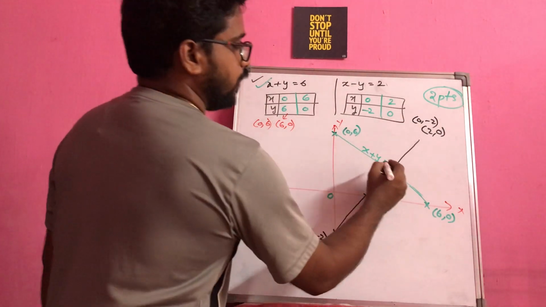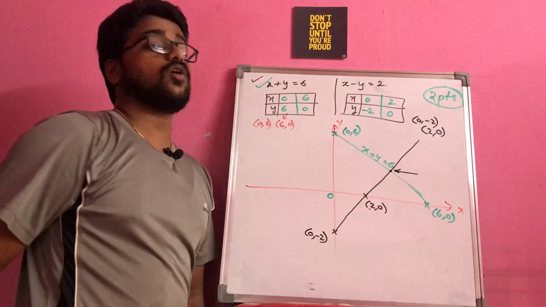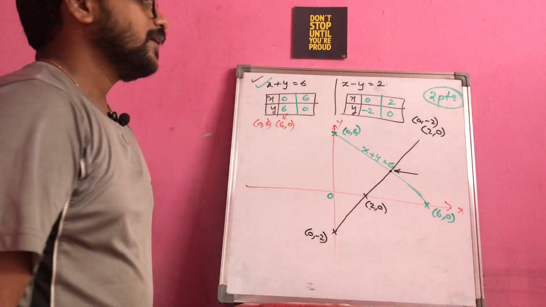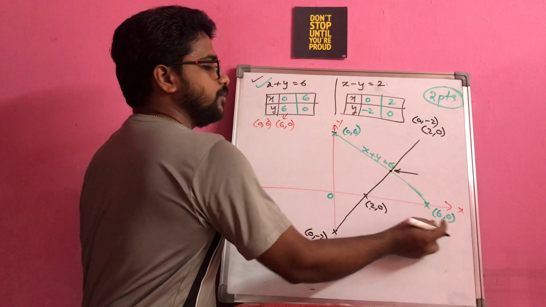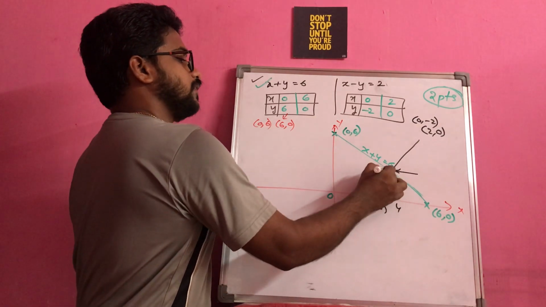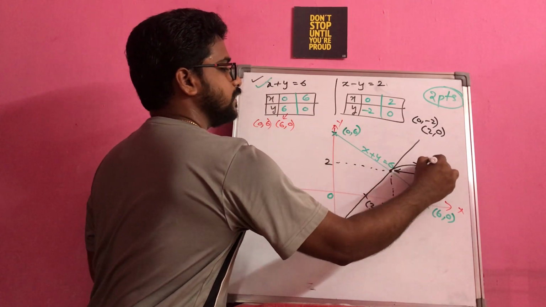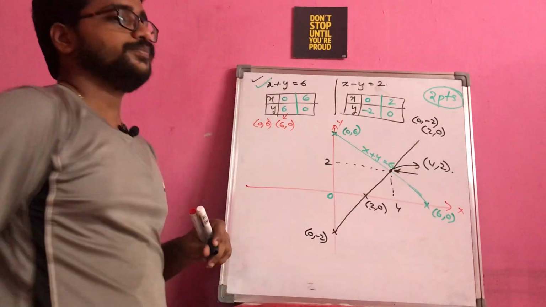And you can observe here, this is one point of intersection which is common for both. So you just observe it is almost in between 2 and 6. Somewhere here you may have a 4 and somewhere here I may have a point 2. So this common point is nothing but 4, 2.